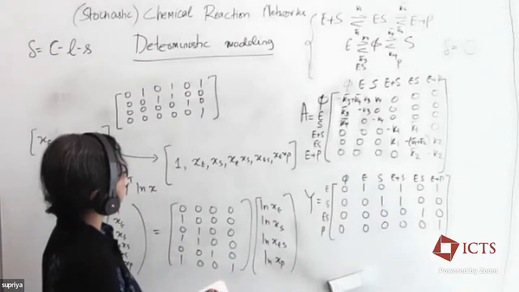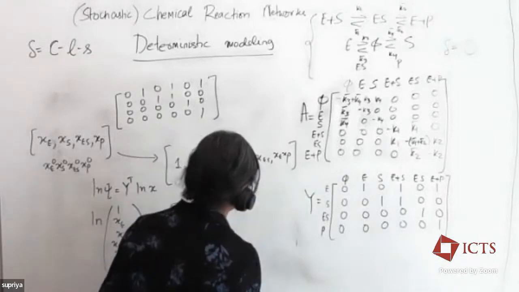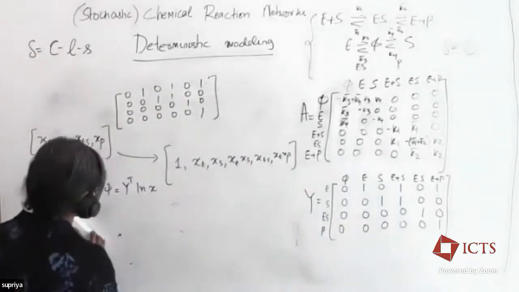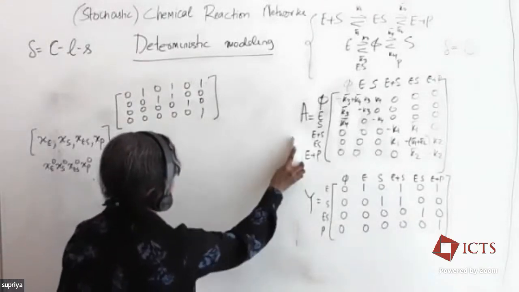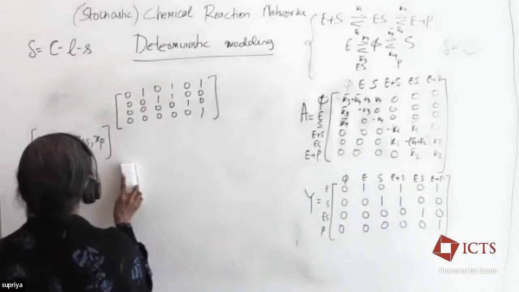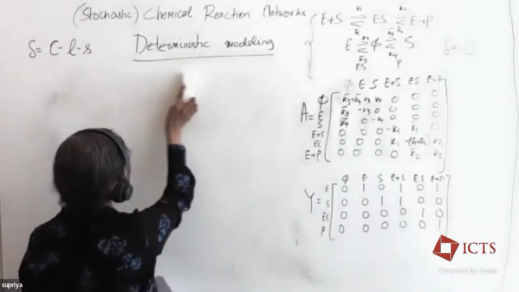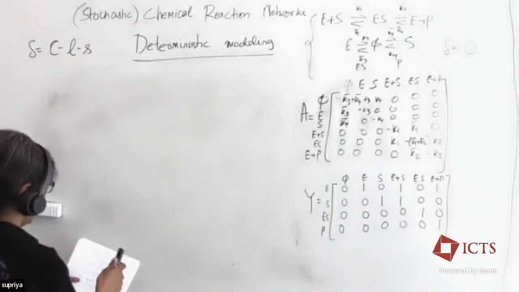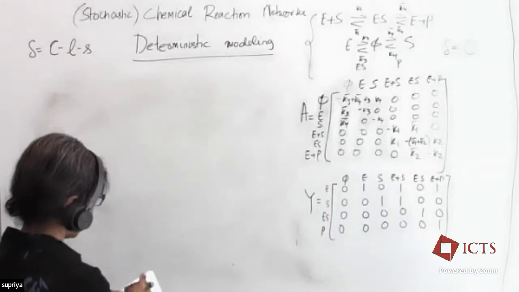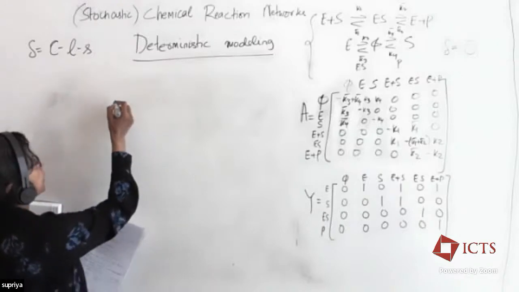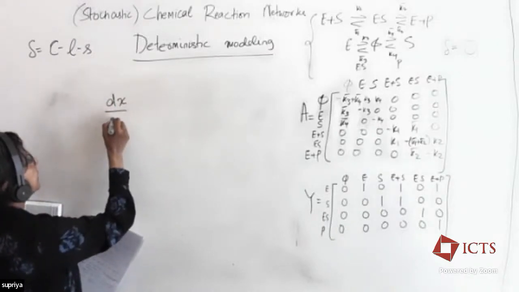Okay. So now let's use it, and let's just write everything in short forms. So now I'll just write x, where I actually mean a column vector x, dx by dt.